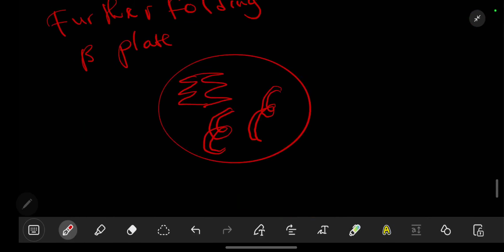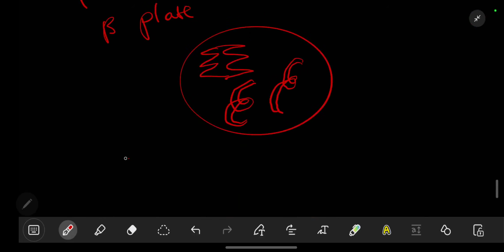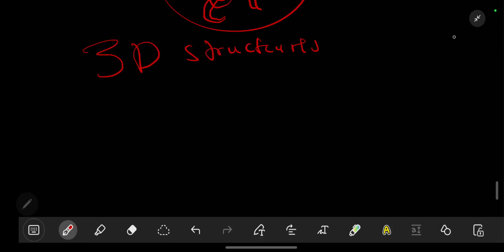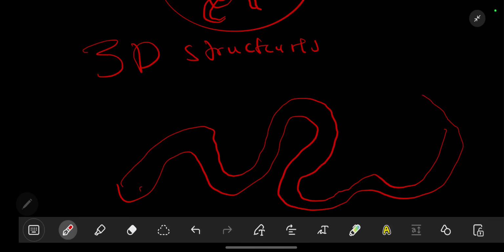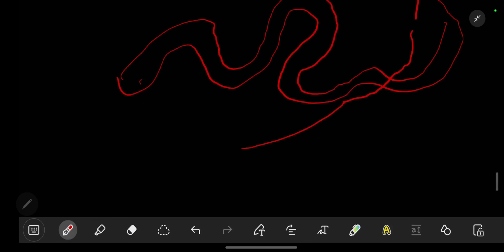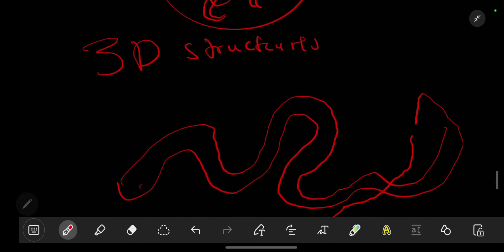Tertiary creates the 3D structures. The structure might look something like this. This is the level of organization.